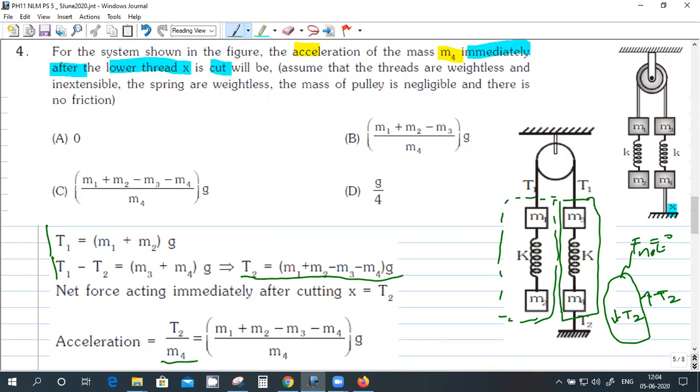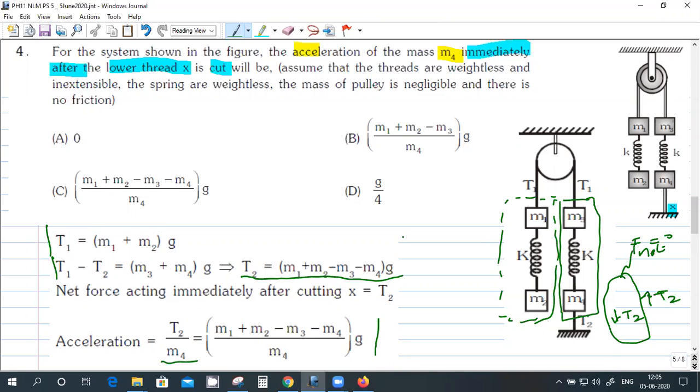From this I get T2, and after it is cut, this T2 is disappearing. Before it was cut, M4 with this force of T2 was at rest, the net force was 0. After the cut, since T2 is disappearing, effectively a force of T2 appears in the upward direction, which will give the acceleration to M4. So this is a unique problem which you should remember.